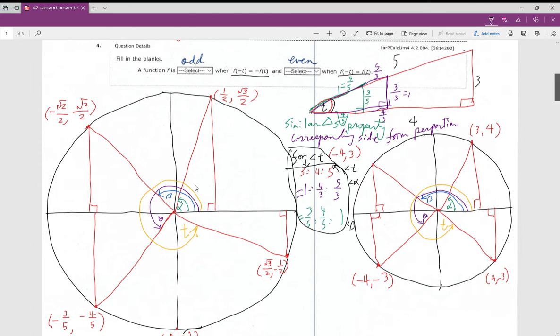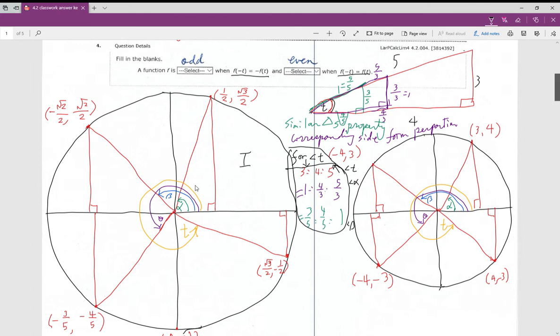In the beginning we talked about a right triangle, but on the real circle, in a real situation, when the angle happens to be in the first quadrant, that's easy, right? You build a right triangle and then you can find sine and cosine.